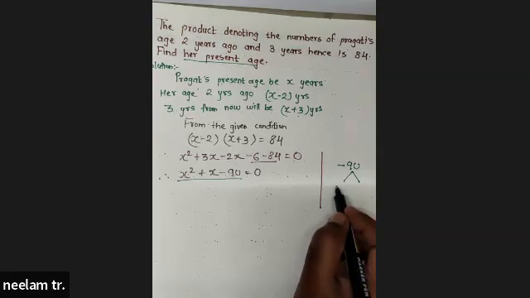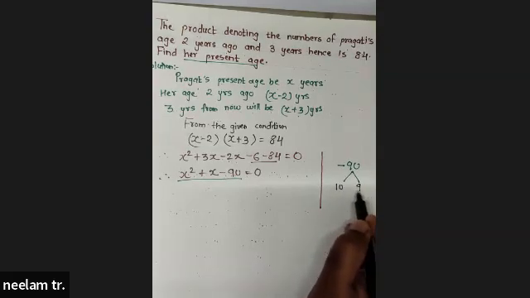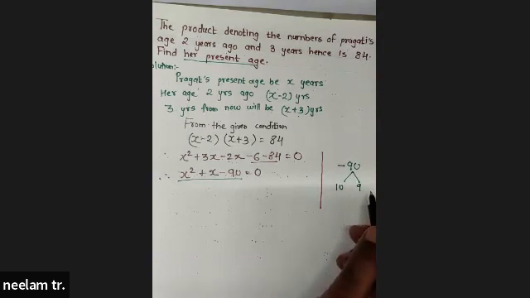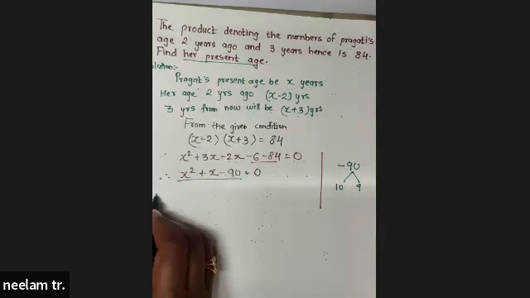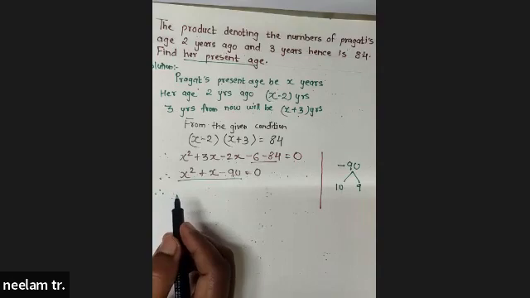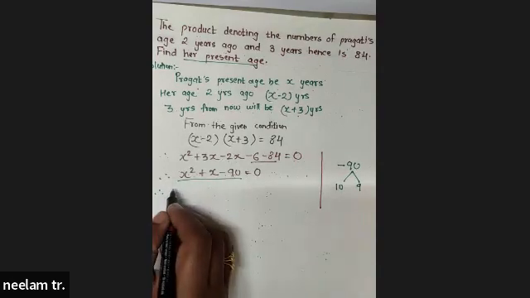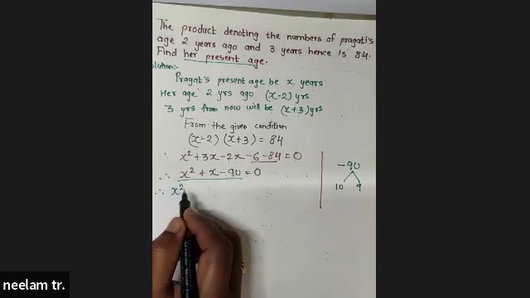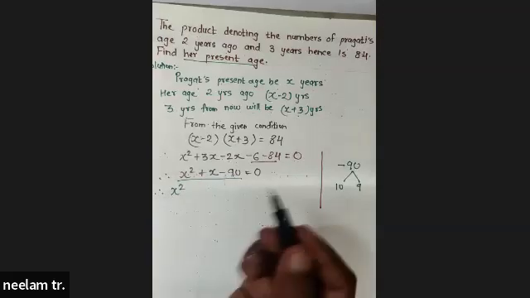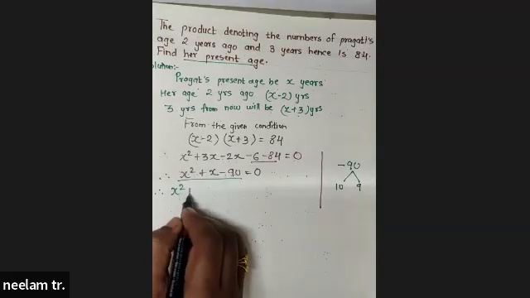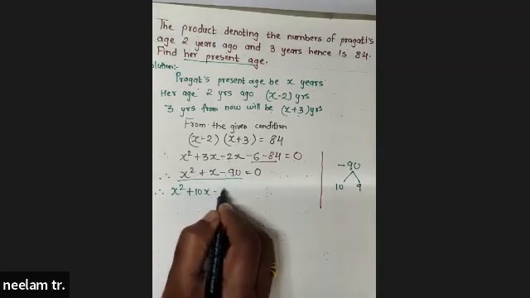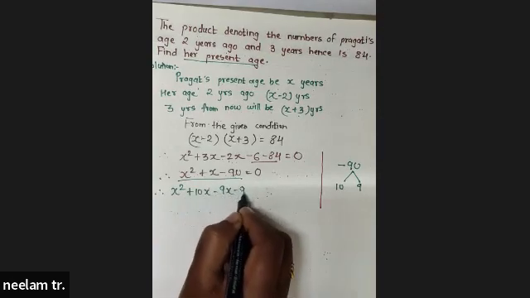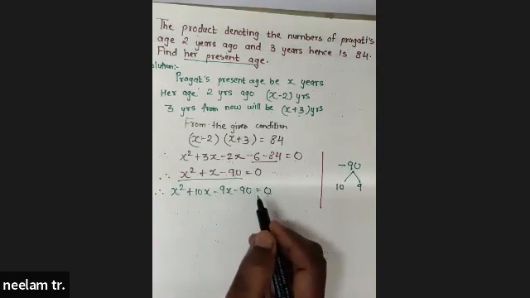Your two factors are 10 and 9. So x square plus 10x minus 9x minus 90 is equal to 0.